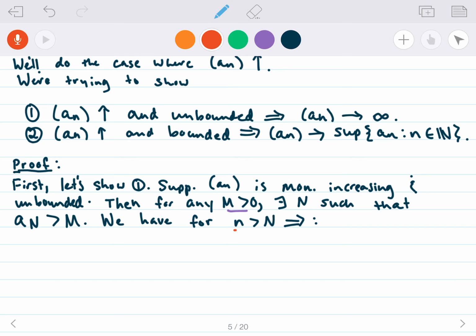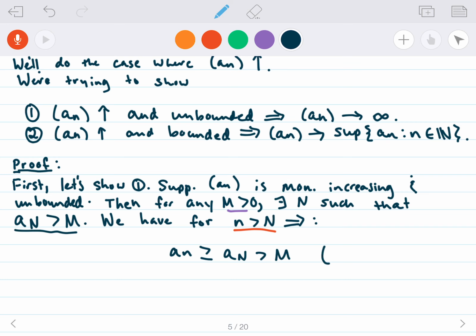So if little n is farther along in the sequence, little n bigger than capital N, then it follows that a sub little n is bigger than or equal to a sub capital N, and by this assumption we have a sub capital N is bigger than m.